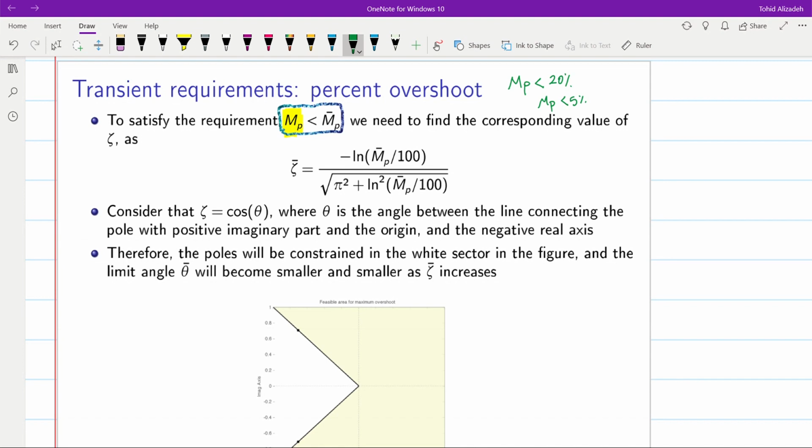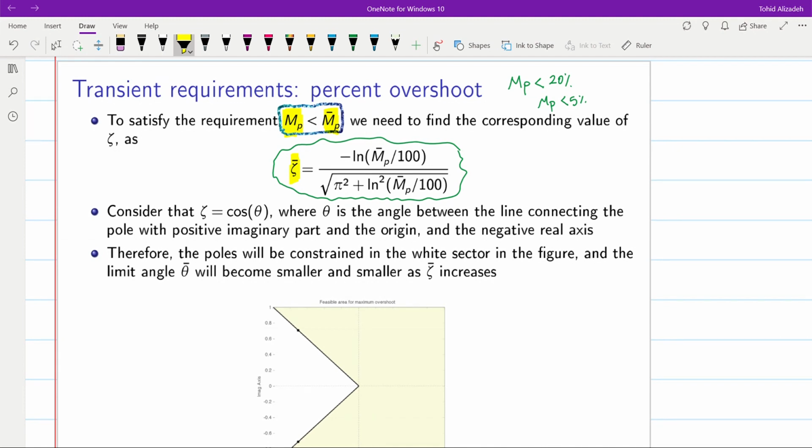On the other hand, we know that MP and zeta are related to each other, and the relation is shown here. We know that zeta is equal to minus the natural logarithm of MP over 100, over the denominator. We will find the corresponding zeta to the value of MP bar and call it zeta bar.